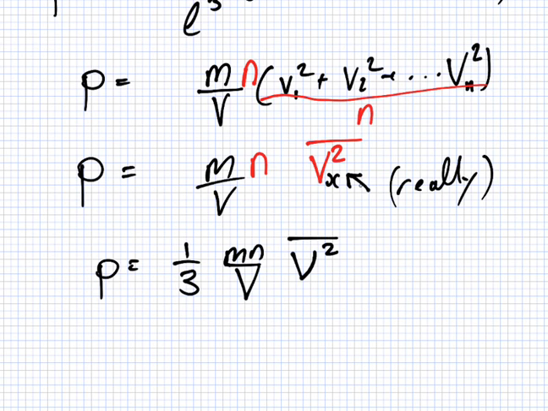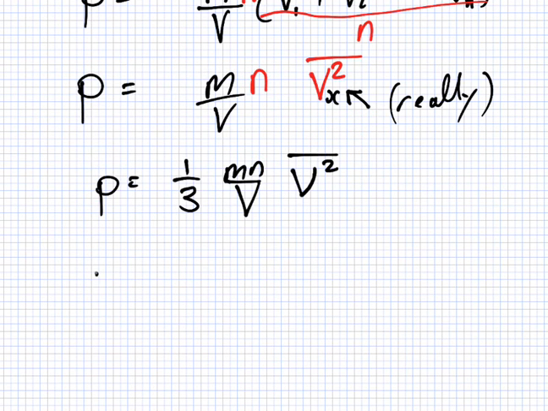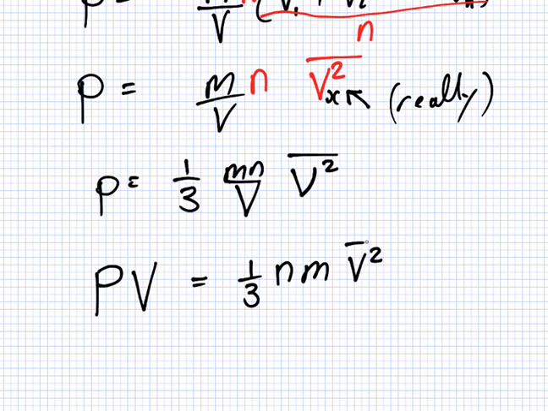Okay, so I want to make sure I get this last piece with the constants right. If I just rearrange this a bit, pressure multiplied by volume equals 1/3 N m v squared.